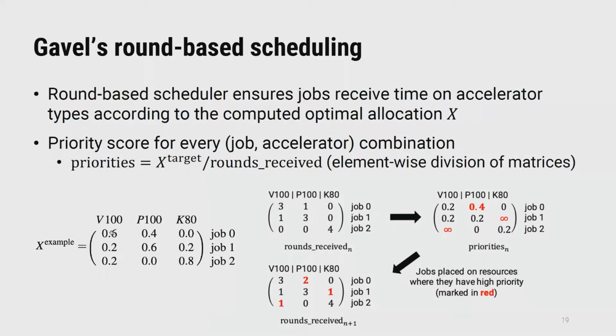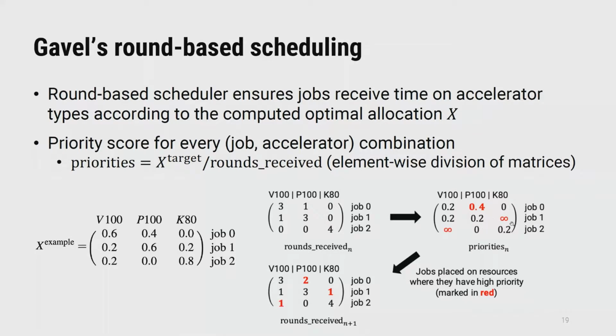So if you divide this fraction by the runs received, you have the priority. So for this current run it is 3 and 1, and then we calculate the priority as 0.2, 0.40. And for job 1 it is this, because it never received any runtime on K80. For now, it is supposed to receive 0.2% of the K80 resource.